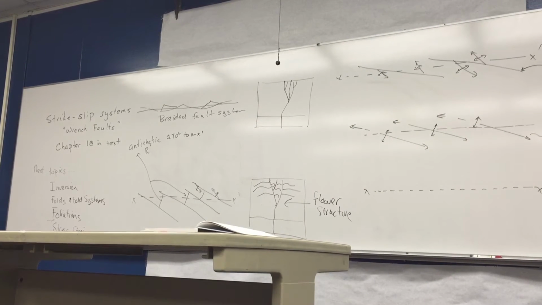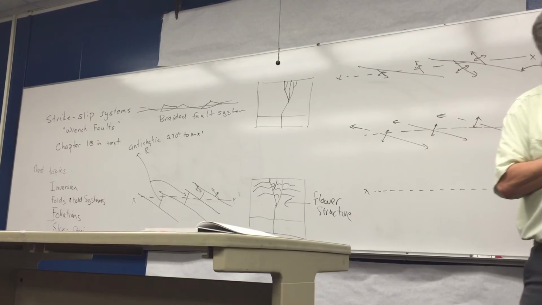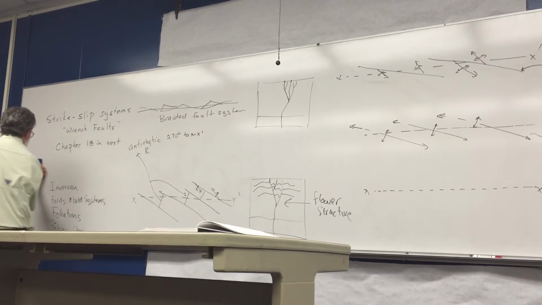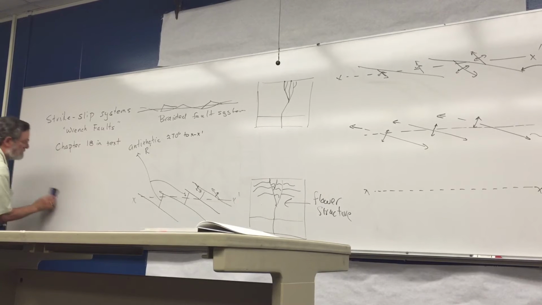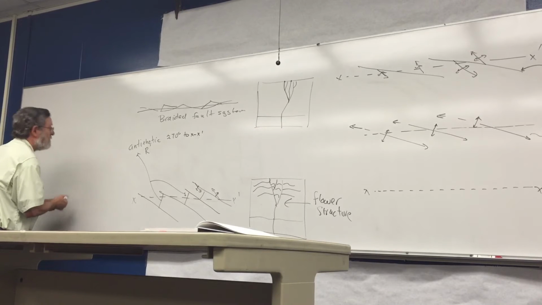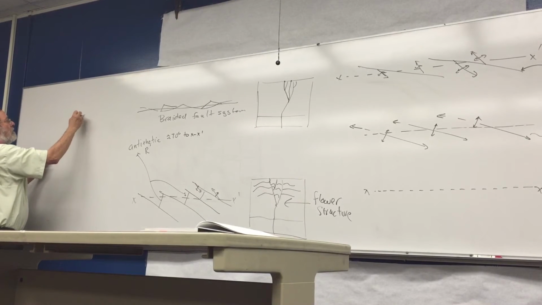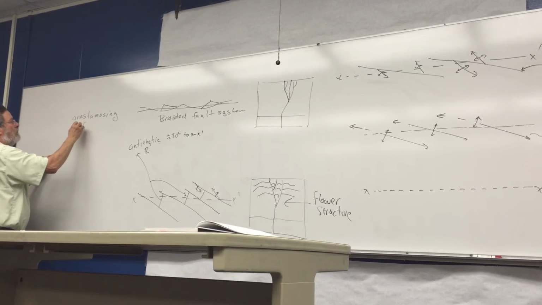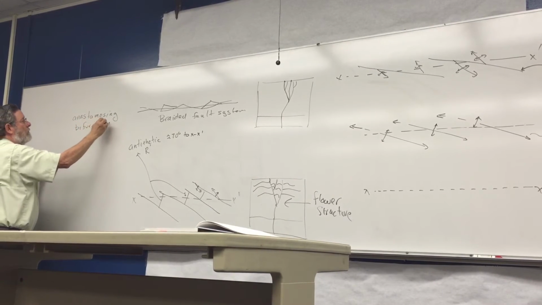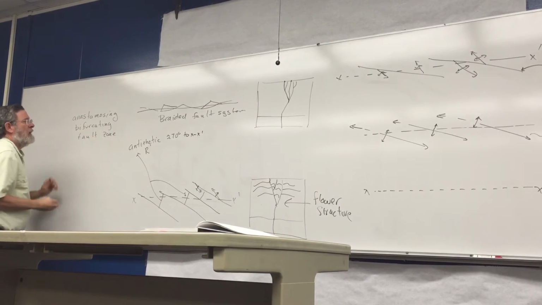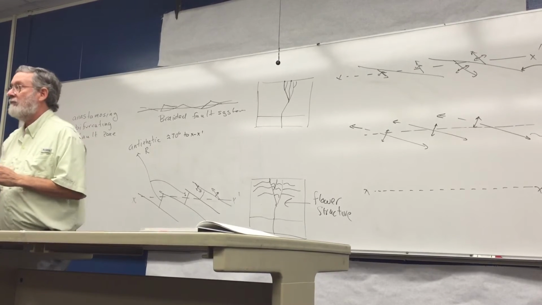In structural geology, we call this an anastomosing bifurcating fault system. Okay, so we give it a fancy title. Anastomosing bifurcating fault zone.